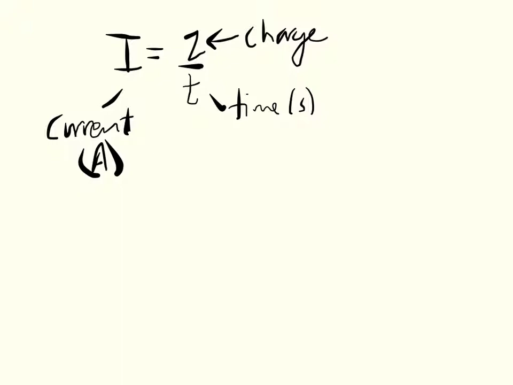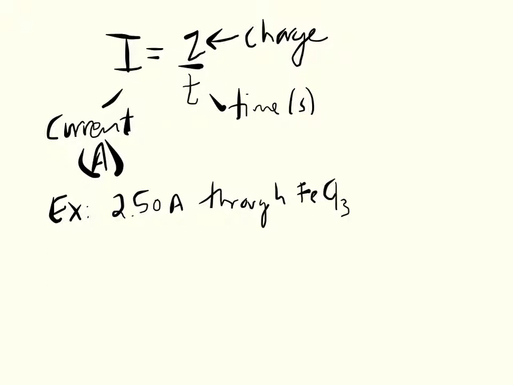So an example of where this occurred is, let's say we run a 2.50 ampere current through iron 3 chloride, FeCl3, for 15 minutes. And we want to know how much iron is going to be produced.